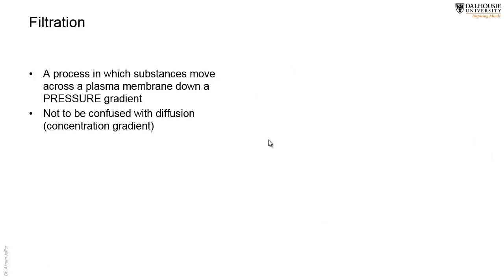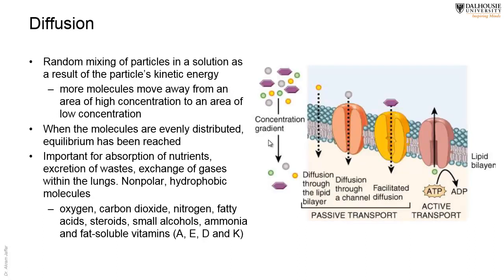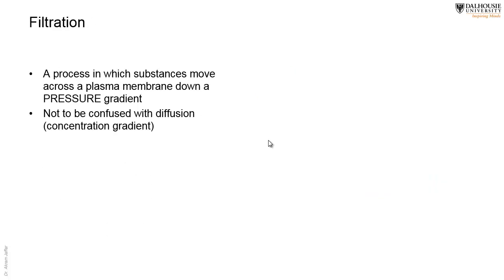You have to differentiate between diffusion and filtration. Filtration is a process where substances move across the plasma membrane down a pressure gradient. It's not related to concentration gradient, it is the pressure gradient. For example, passage of substances from capillaries where there's high blood pressure inside the capillary bed and there's low pressure in the interstitial or surrounding fluid.